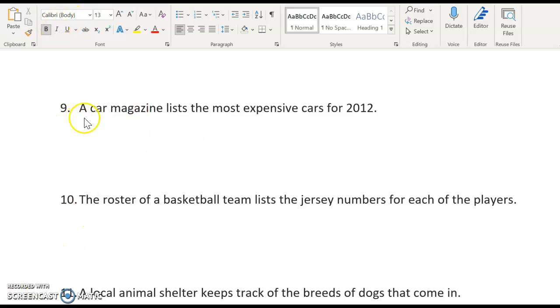And technically it would depend on how this was listed, but let's say it lists the most expensive cars and their prices, and we're going by the prices. If we're going by the prices, it would be ratio. If we were ranking the cars from top 10 expensive cars from 1 to 10, then it would be ordinal. All right, let's look at the next one.